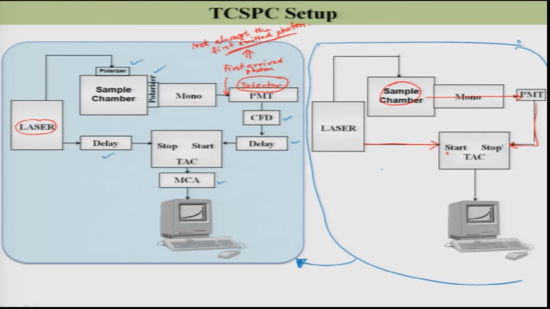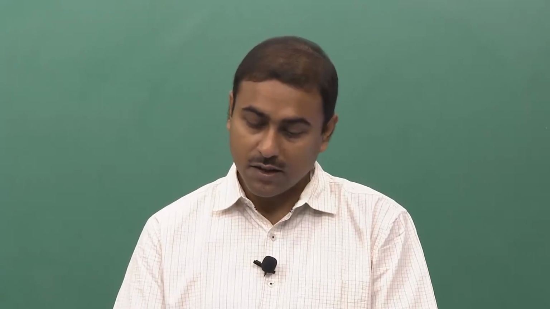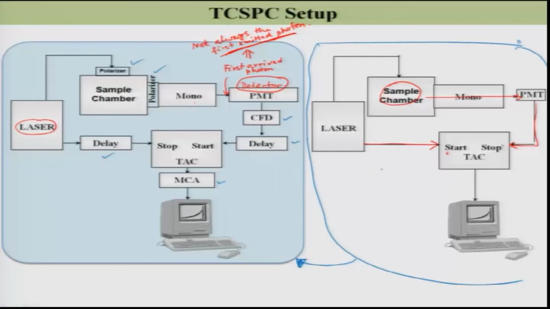That is the heart of this TCSPC. If it were otherwise, then there would be no decay. Always I would get one count or several counts in the very first few time regions. I would never get counts at later times, so I would never be able to reproduce the decay profile in the histogram.